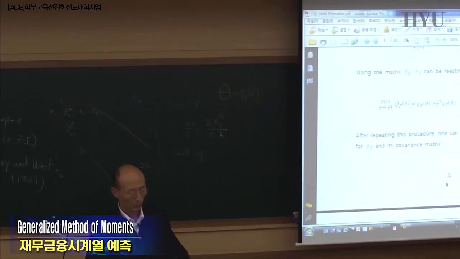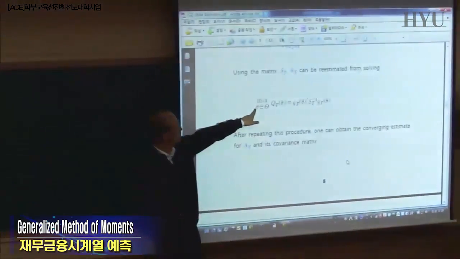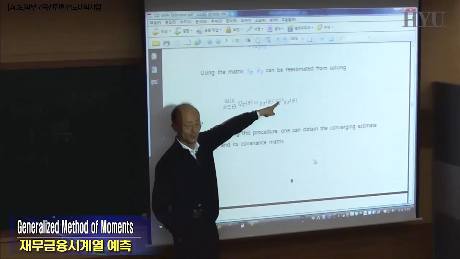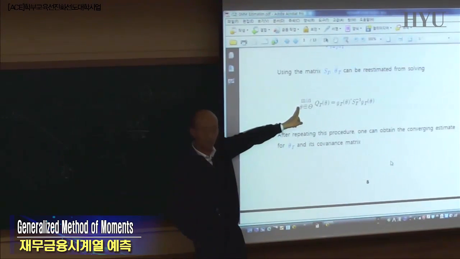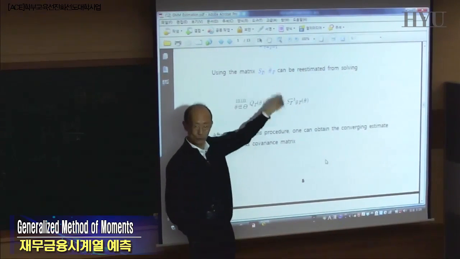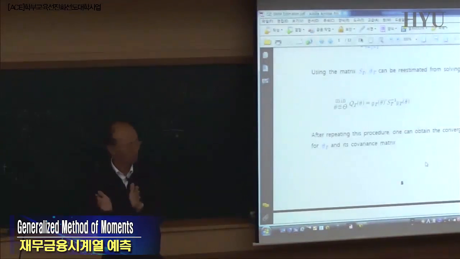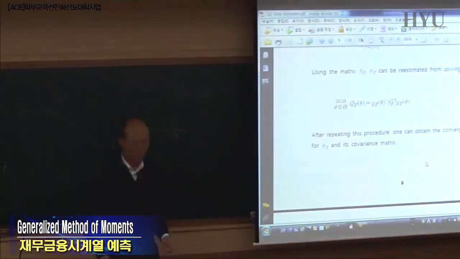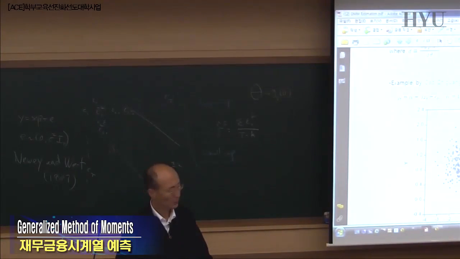So when you repeat this, you calculate the theta and plug the formula in there, and then minimize it, obtain theta again, and calculate S again, and you do that several times. Usually it approaches the final estimate quite quickly. So that's the procedure. So seeing is believing.